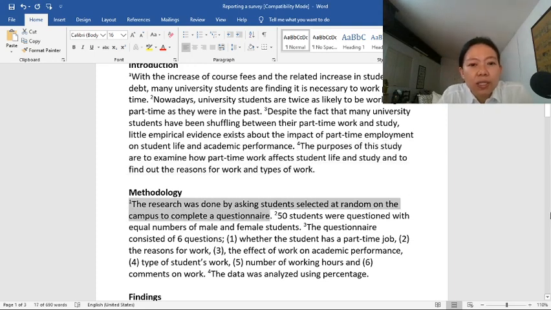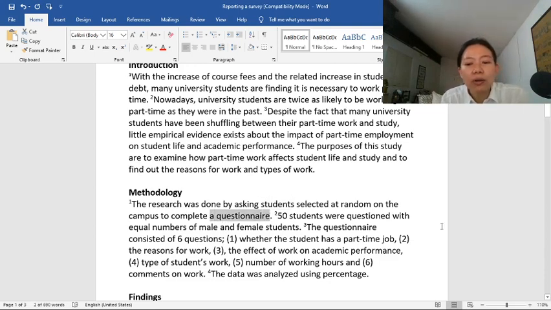"The research was done by asking students selected at random on the campus to complete a questionnaire." With only 1 sentence, we know that the research participants are students. And we also know that they are selected at random. And also we know that the research tool in this study is a questionnaire.